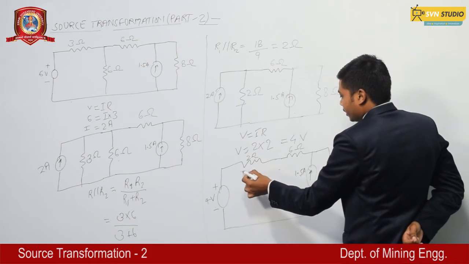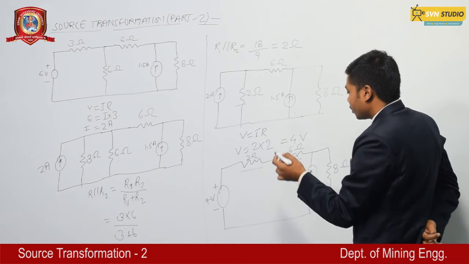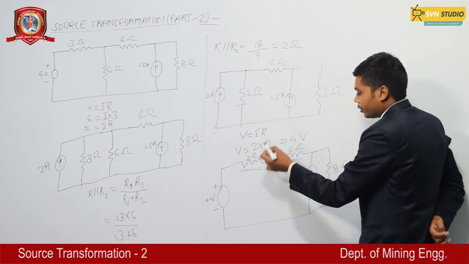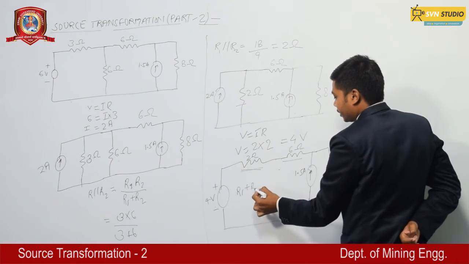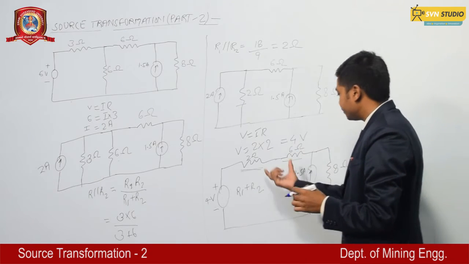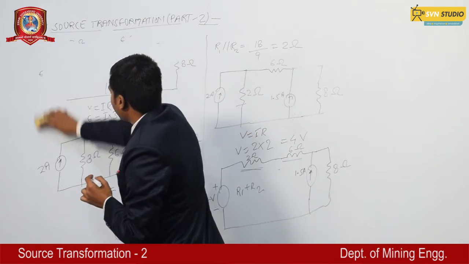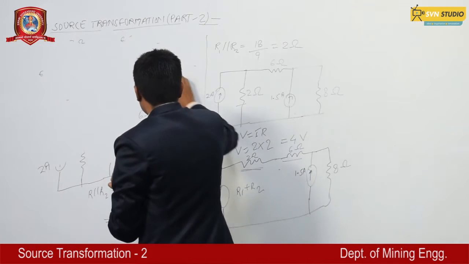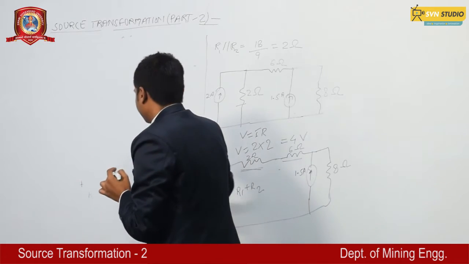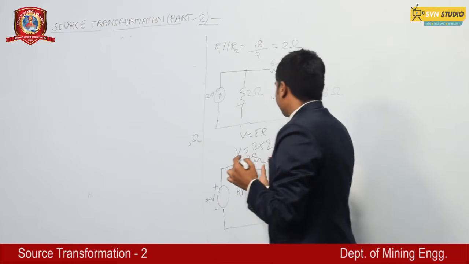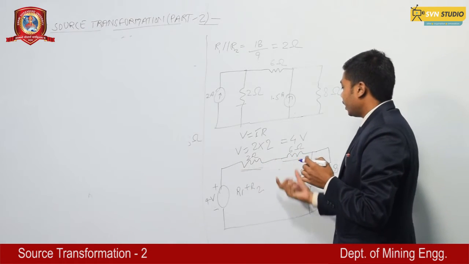Now, we can see the two resistances, 2 ohm and 6 ohm, are connected in series as well. We know the formula of series connection, it is R 1 plus R 2. Applying this formula to both resistances, this 2 ohm and 6 ohm will add up and it will be equal to 8 ohm.